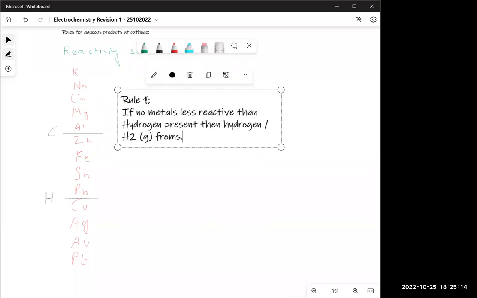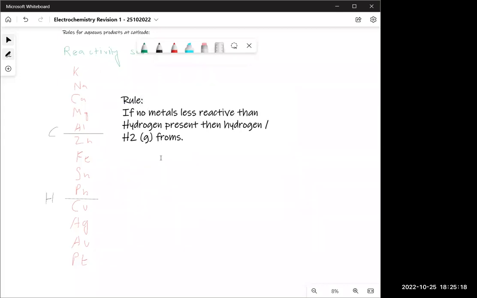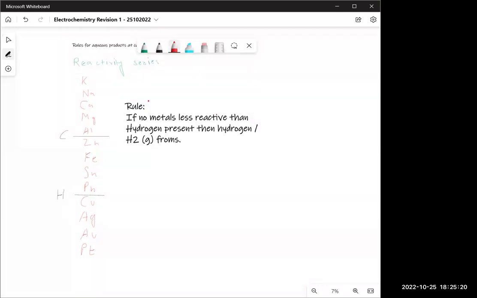That's the only rule actually. There's no rule 2. That's it. Done. Finished. Now someone has to read it out loud.